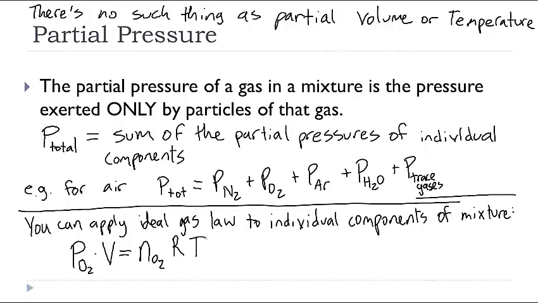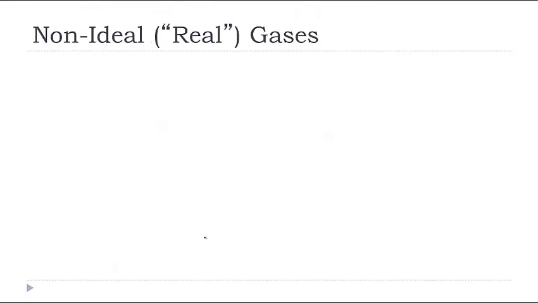So when you use the ideal gas law for individual components, the only thing that's specific to the individual component is pressure and moles, whereas volume and temperature are the same. So we'll use the ideal gas law a lot to calculate, well, what's the partial pressure of such and such in this situation? If we know the number of moles and the volume and the temperature, we can get its partial pressure. Okay. So we'll do some problems with that.